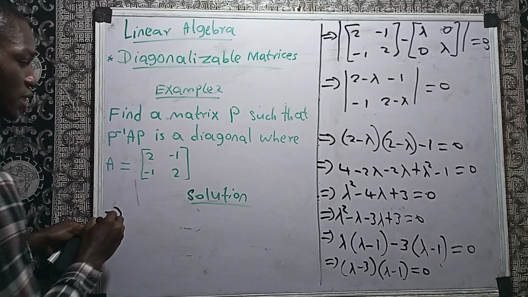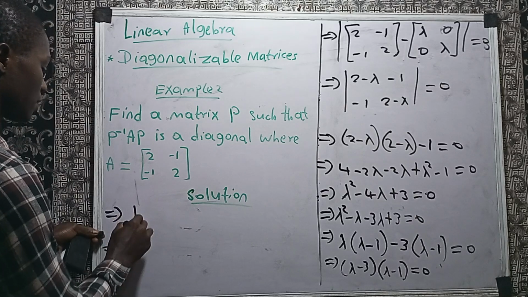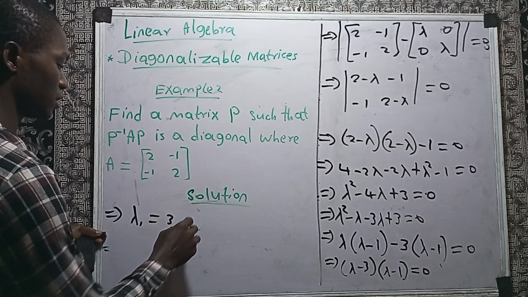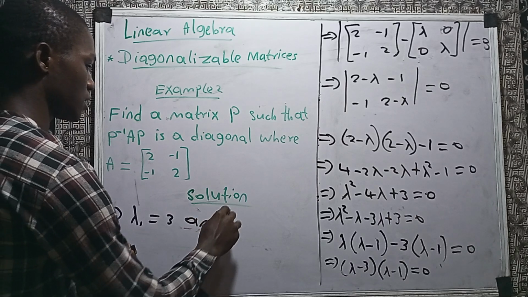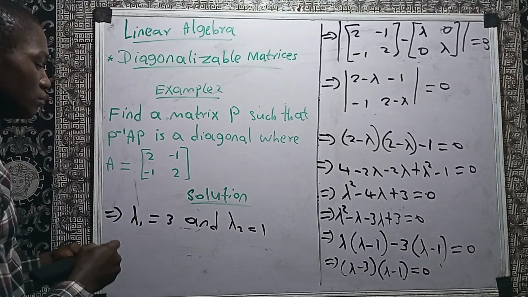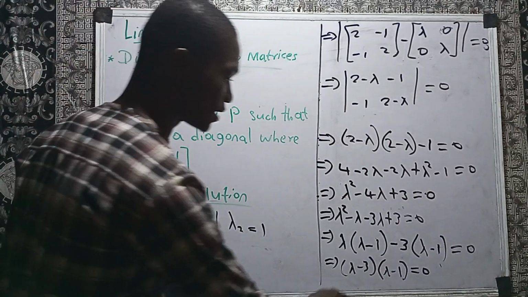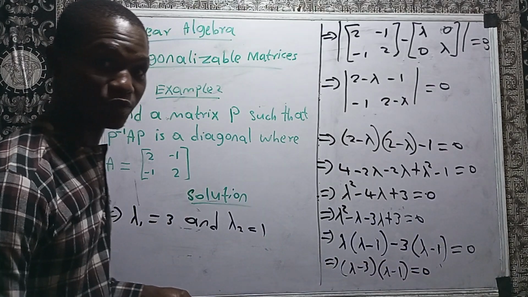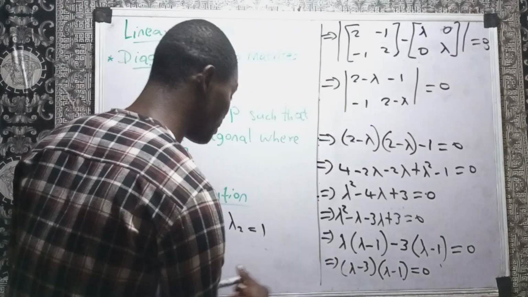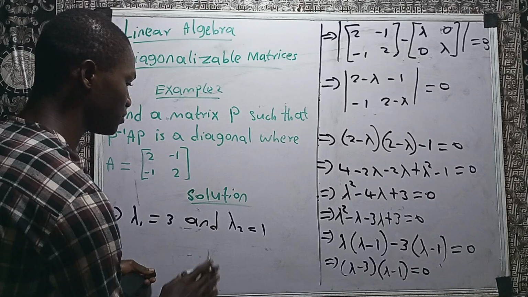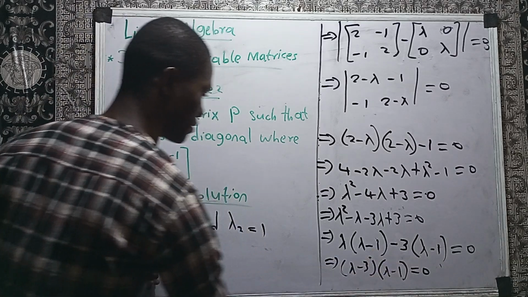So this simply implies that our lambda 1 is 3 and our lambda 2 is 1. So we have that this bracket multiplied by this bracket is giving you 0, right? So this simply means that this is 0 or this is 0, right?